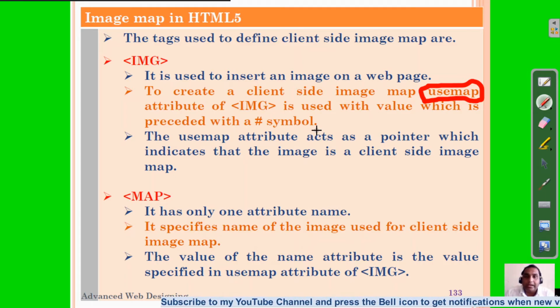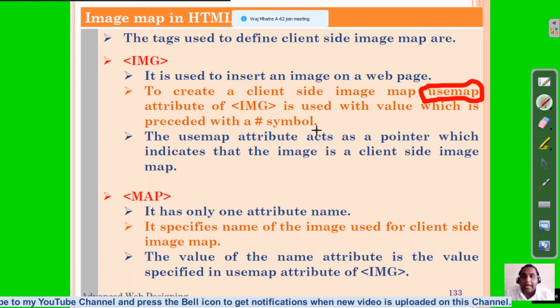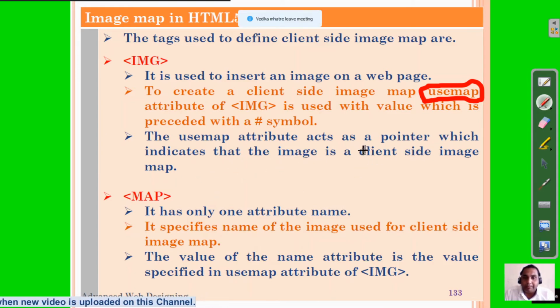To create a client-side image map, the usemap attribute of img is used with a value which is preceded with a hash symbol. The usemap attribute acts as a pointer which indicates that the image is a client-side image map.